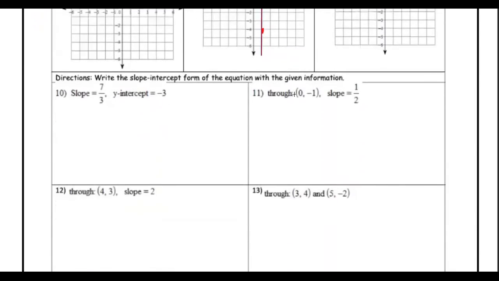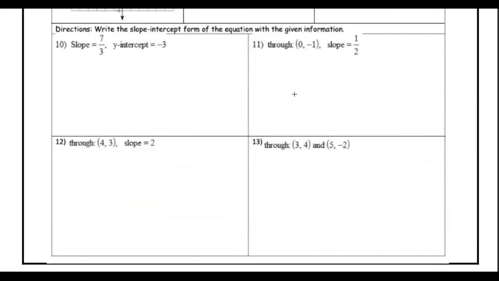Next section. Here we want to write the slope-intercept form of the equation using the information that's given, right? So not graphing, we're writing the equations in the format y equals mx plus b because it says slope-intercept form. And we know that's y equals mx plus b.